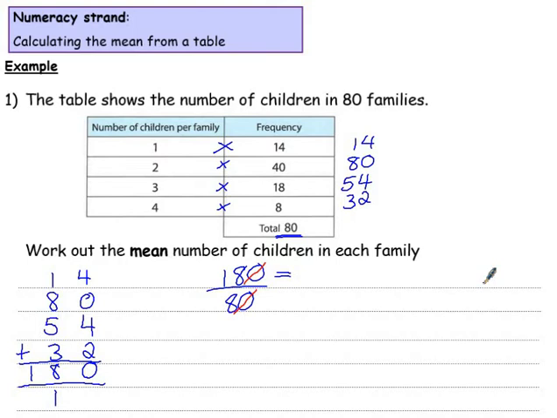Again, that's going to be quite challenging to do, so we can use the bus stop to help us. So we have 8 on the outside, and inside the bus stop we will have 18. And I know that 18 is not in the 8 times table, so I'm going to add a couple of zeros just in case I need them.